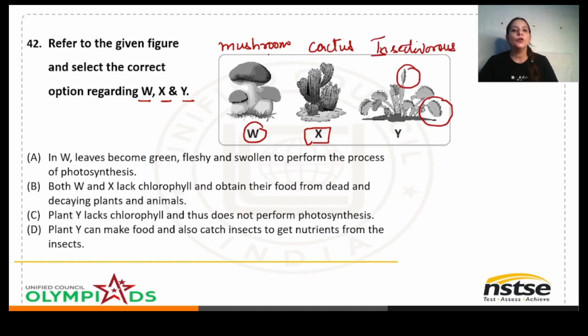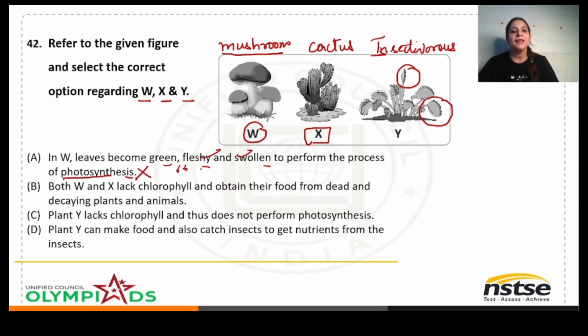Okay. So now option A says in W, that means we are talking about mushroom, leaves become green, fleshy, swollen to perform the process of photosynthesis. Now it may happen that you are not aware whether it swells up or it is fleshy or not, but we know that mushroom doesn't perform the process of photosynthesis.